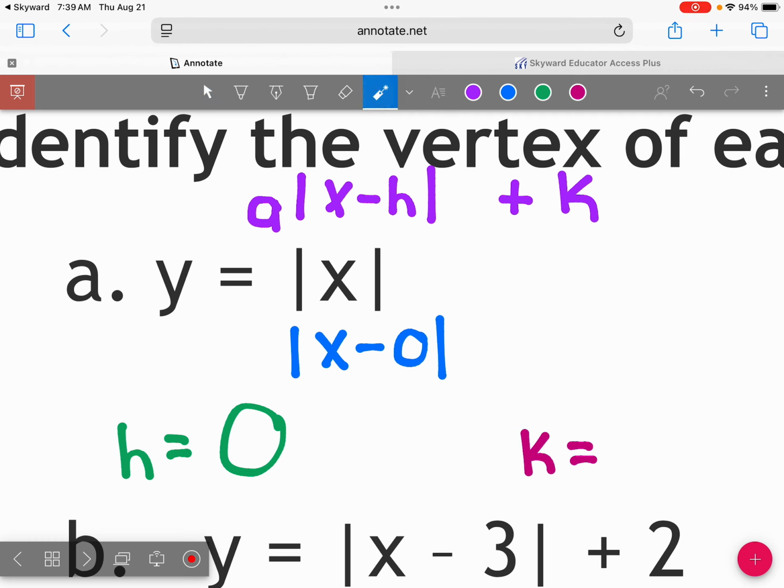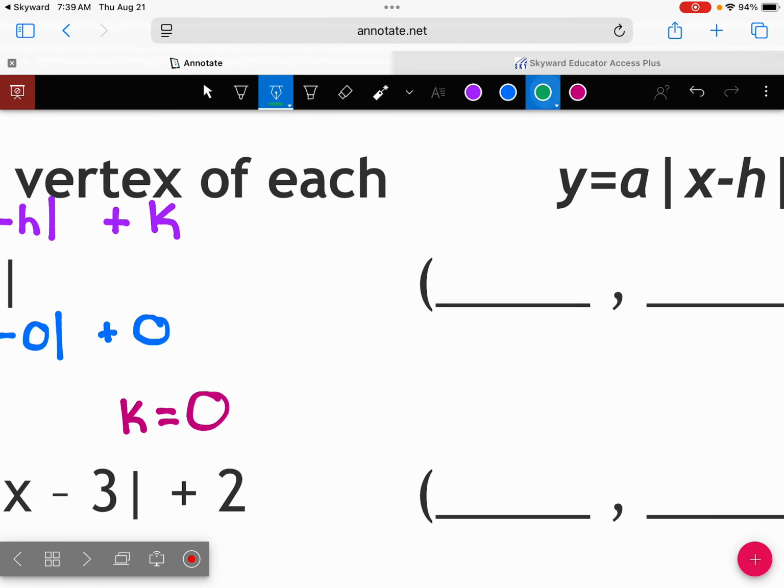What number do we have added on the end of this one? I'm adding nothing. Plus 0. So this one's going to have a starting point at the point (0, 0). That's where our vertex is going to be.